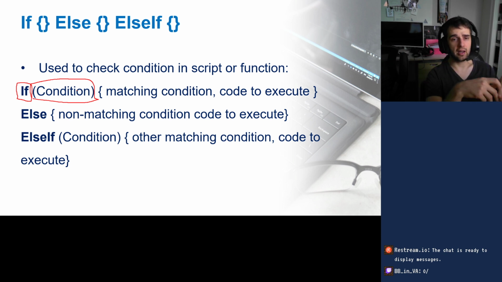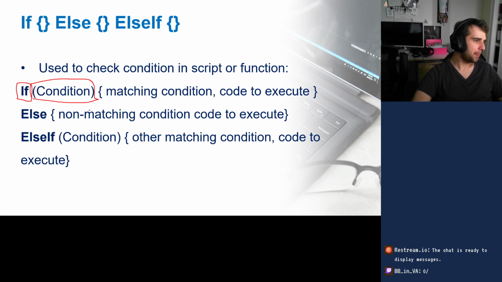So we can say, okay, if it's this, or if it's this, or if it's this, or it has to be this and this and this, so you can create a variation in terms of the condition block, which is pretty much whatever you need it to be. So you can write some very easy, very cool if statements. It also helps you refactor your code and make it more maintainable.